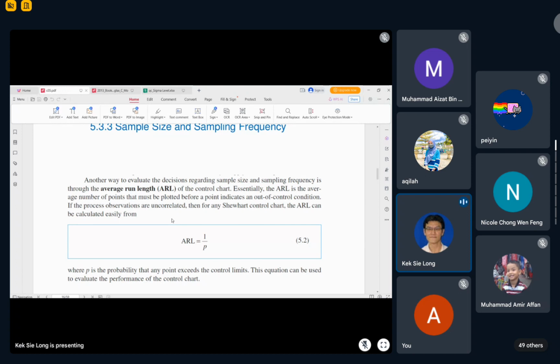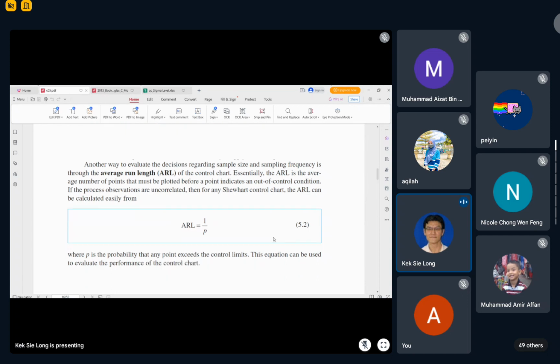In other words, P is the possibility of a point outside the control limit. This equation is used to evaluate the performance of the control chart.